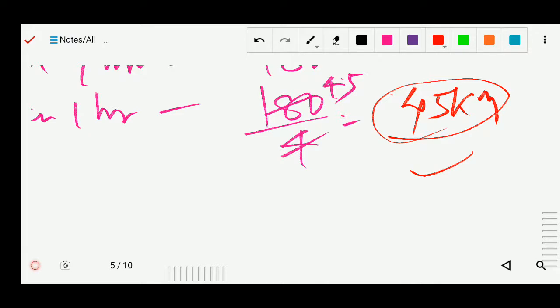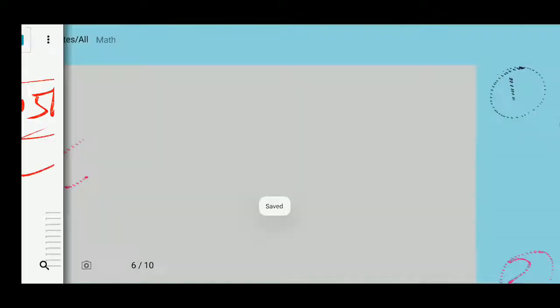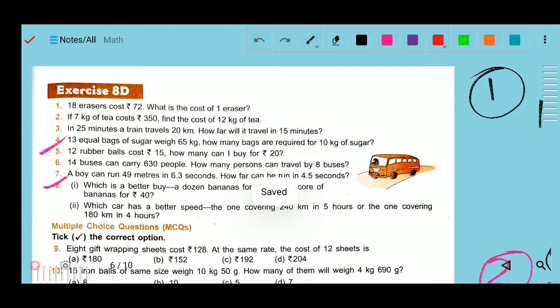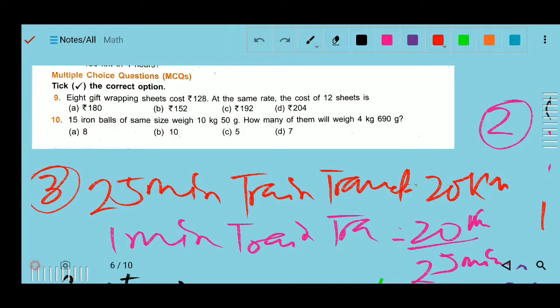Understood? Okay. Number 10: 15 iron balls of same size weigh 10 kg 50 gram. How many balls of weight 4 kg 690 gram will be?